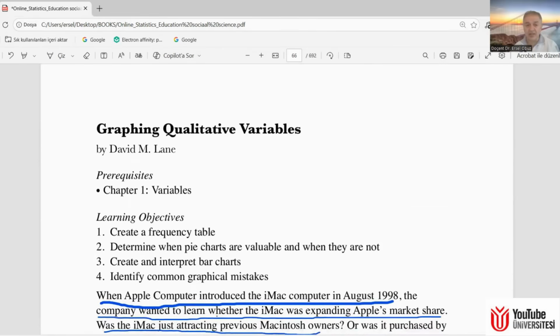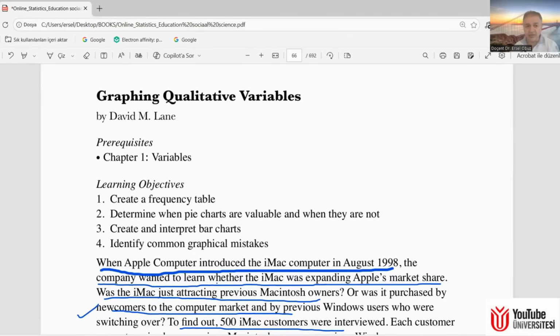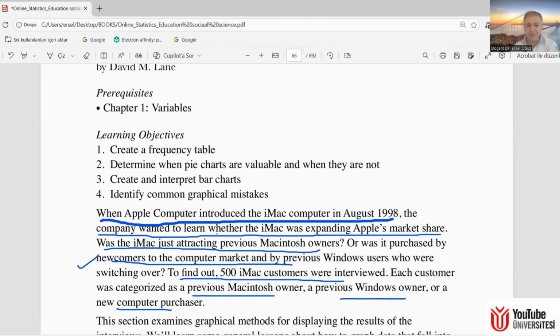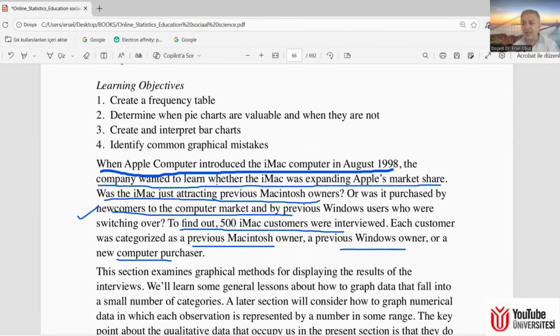Let me start with the qualitative variables. Here is an example. Apple Computer introduced the iMac in August 1998. The company wanted to learn whether the iMac was expanding Apple's market share. Was the iMac just attracting previous Macintosh owners?